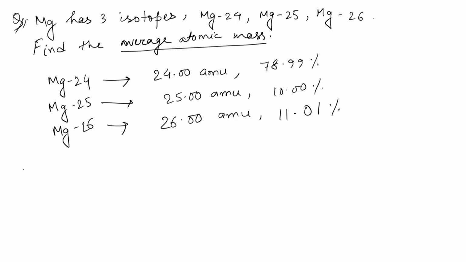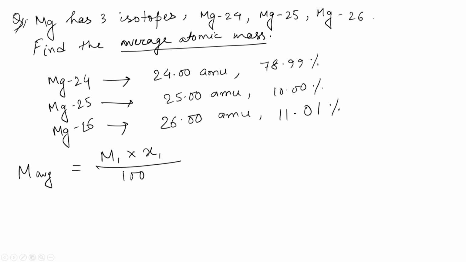So, if we say the average atomic mass is M average, then what is the formula that we had learnt in the last class? That is, the mass of each isotope multiplied by its percentage and divided by 100.